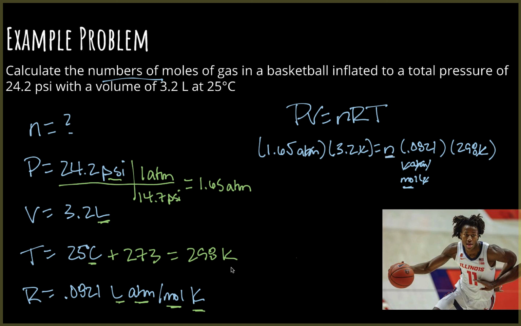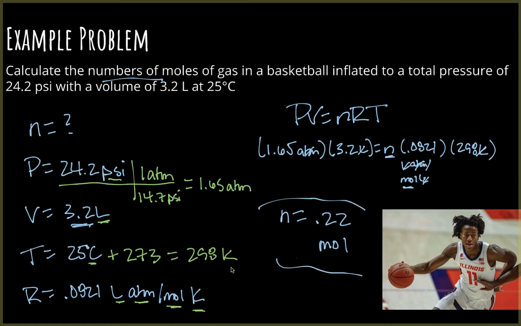That tells me what my final unit would be. If I do the math on this one and solve for n, 2 sig figs is my lowest number of sig figs here because of my volume and my temperature. So I would have 0.22 moles of gas.